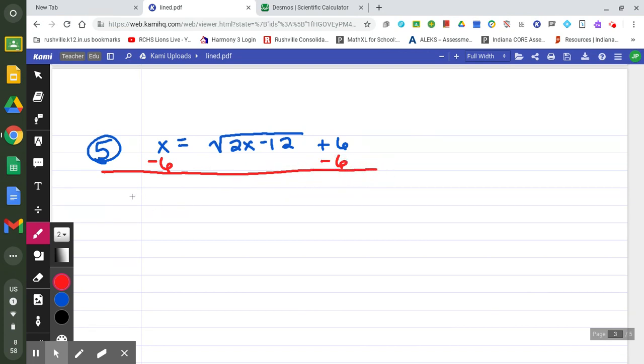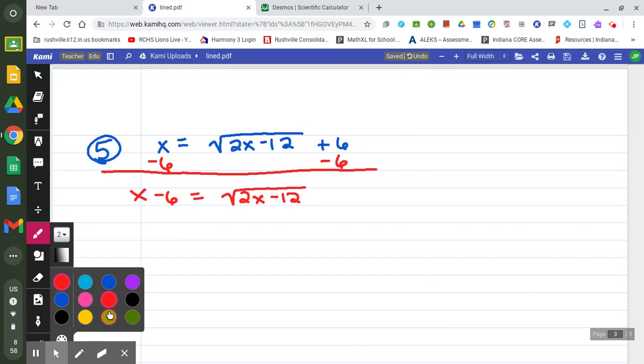And so now this becomes x minus 6 equals square root 2x minus 12. Now that this is isolated, I am going to square both sides of the equal sign.